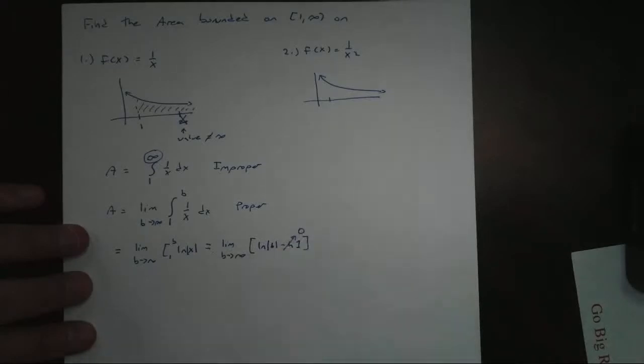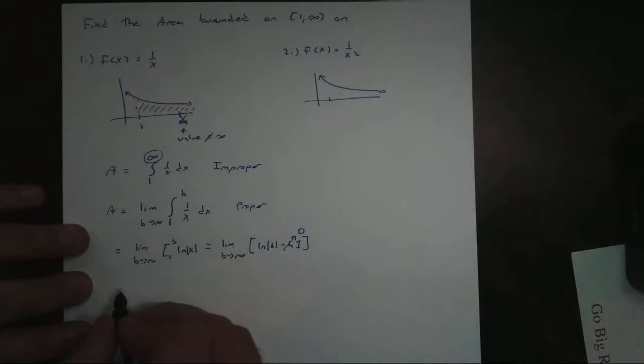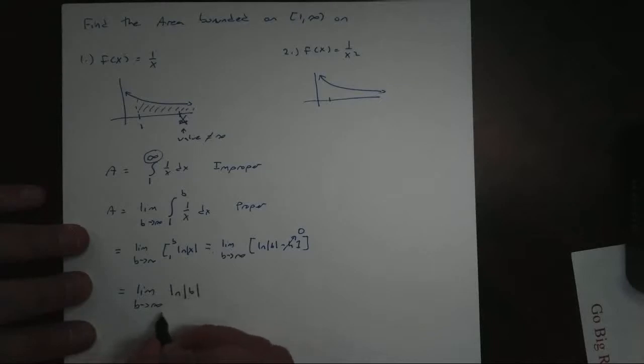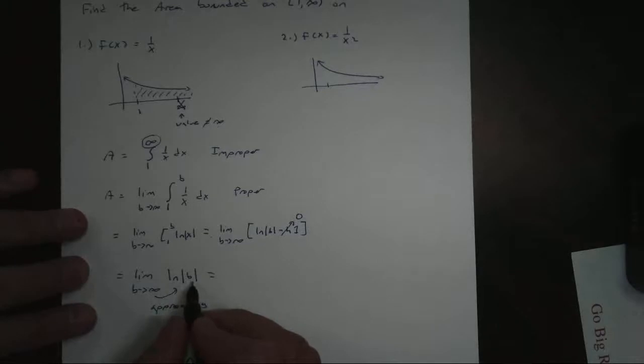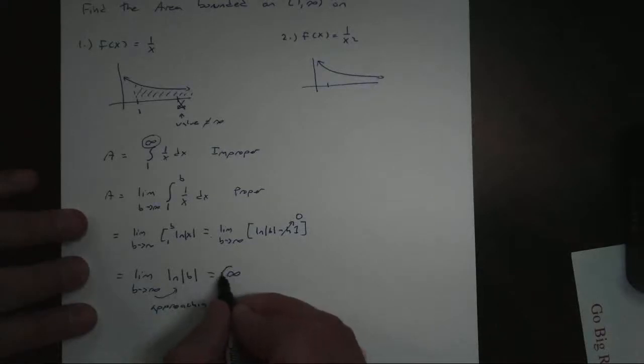Again, that's just 0 like we said earlier, and we're left with the limit as b goes to infinity of the natural log of b. Now, remember, we're approaching. As we approach infinity, b gets really big, and therefore so does the natural log. So it actually approaches infinity.